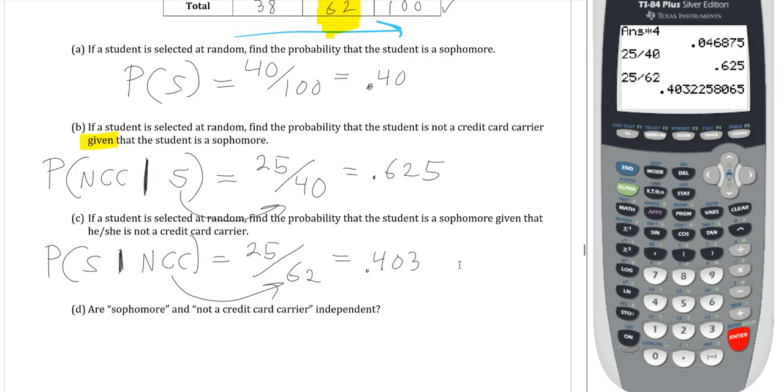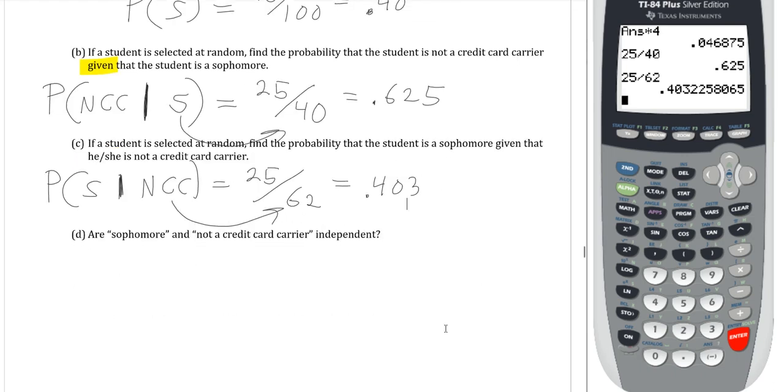Lastly, are sophomore and not a credit card carrier independent? Now that's kind of an odd question. In this case, we don't need to answer this with subjective facts. We don't need to look at this and say, well, I believe that they are independent because of so and so. I should be able to solve this now using data. We talked about before that you can consider events to be independent if the given condition did not change the probability.